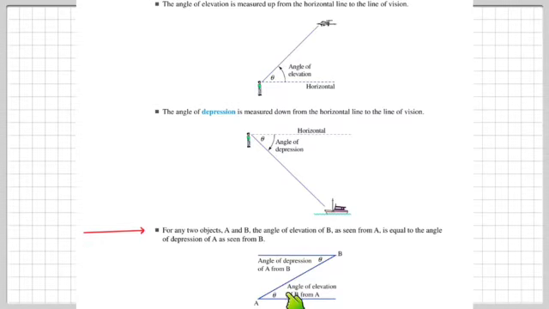The angle through which you have to sweep upwards to be able to sight B. This angle here is equal to the angle of depression of A as seen from B. See, if you were at B now looking down at A, you'd have to sweep through exactly the same angle downwards, theta downwards, to be able to see A, as you would have to sweep through upwards from A to see B.